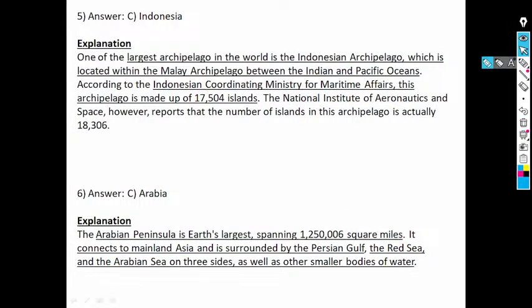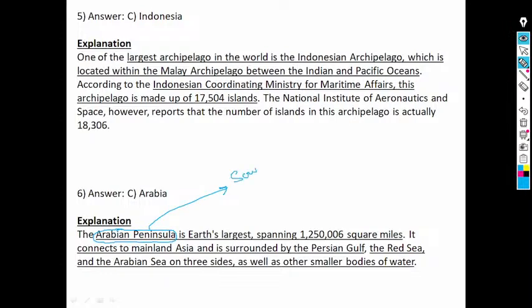If we analyze the Arabian Peninsula, there are several countries.